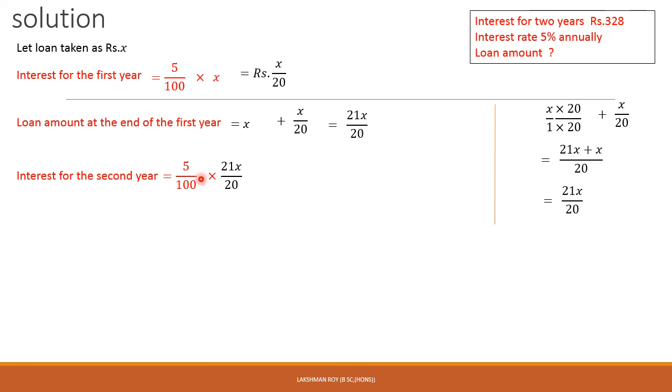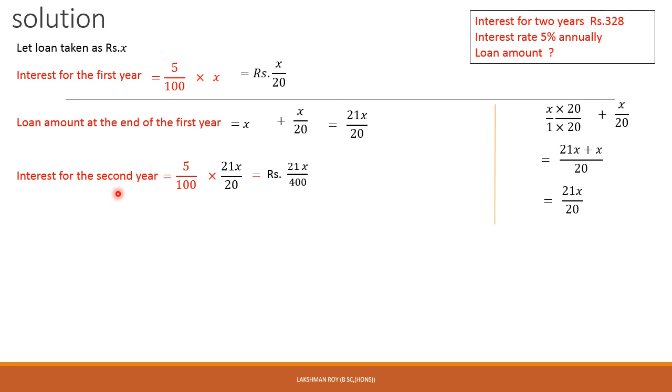How to solve? With numerators and denominators you can simplify. Here 5 and 20 can be simplified by 5, 1 and 4. Then numerator multiplied by numerator, denominator multiplied by denominator. Then we get the answer as 21x over 100 into 4, that is 400. So that amount of rupees is the interest for the second year, right?